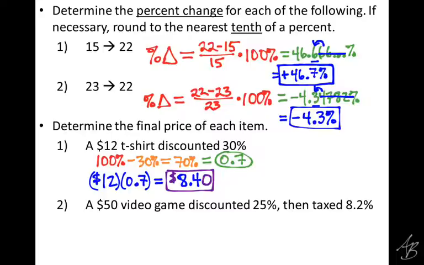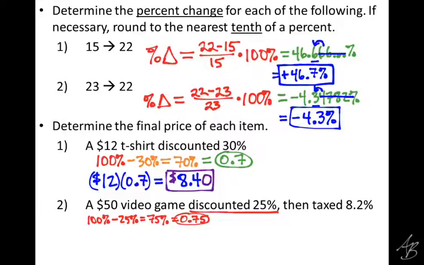We'll see here. So this one, we have to find two different multipliers. We need a multiplier for the 25% discount. I'll go through that real quickly here. 100%, add or subtract? Subtract 25% gives us 75%. That's the percentage that we're paying. And the multiplier then is going to be 0.75.